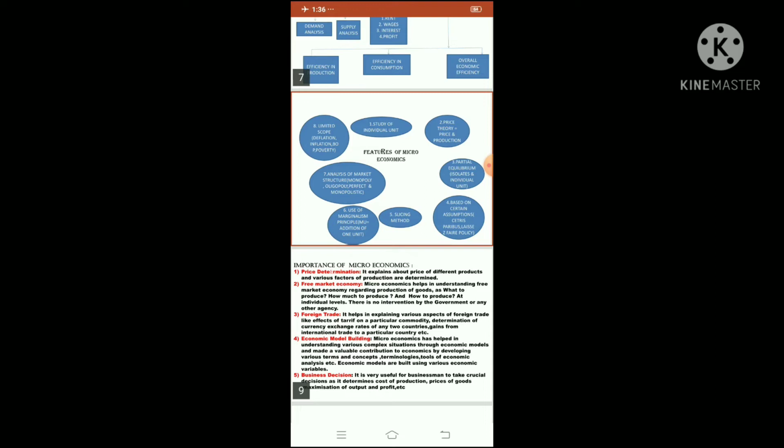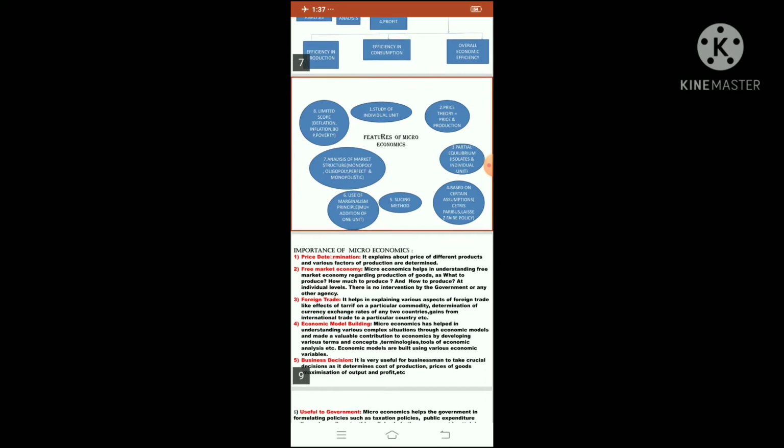Repeating again: study of individual unit, price theory, partial equilibrium analysis, based on certain assumptions, uses slicing method, use of marginalism principle, analysis of market structure, and the last point, limited scope.